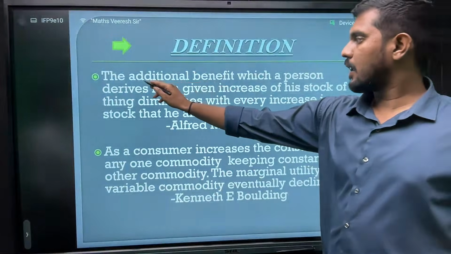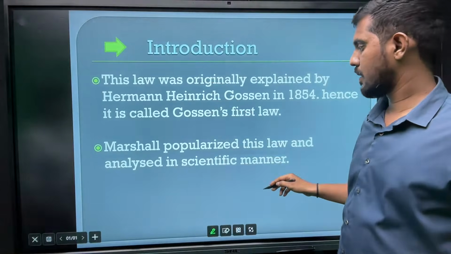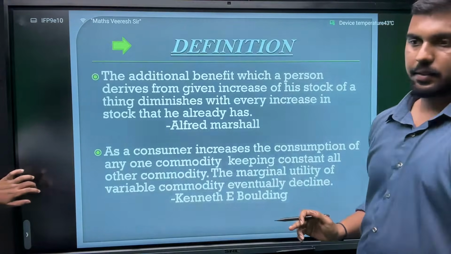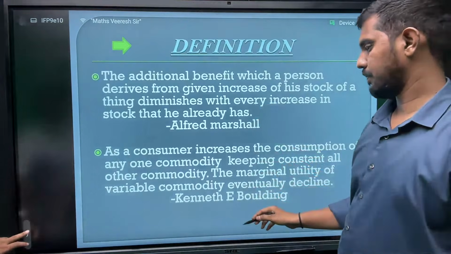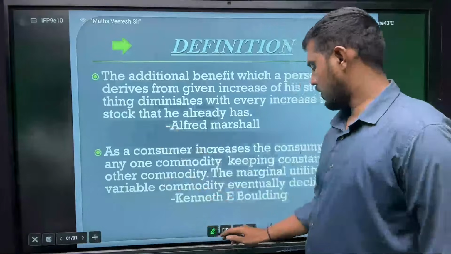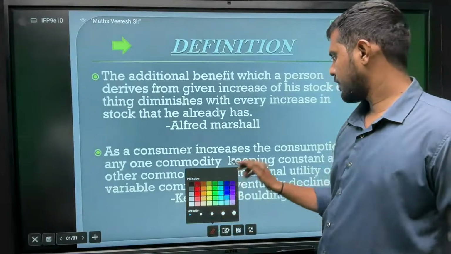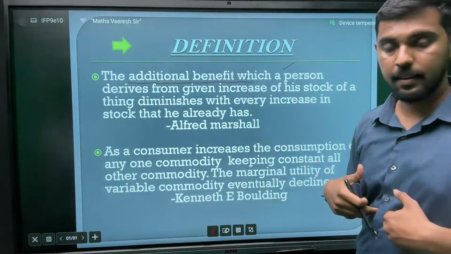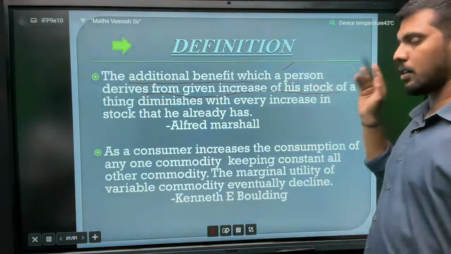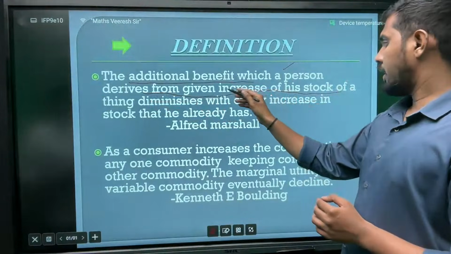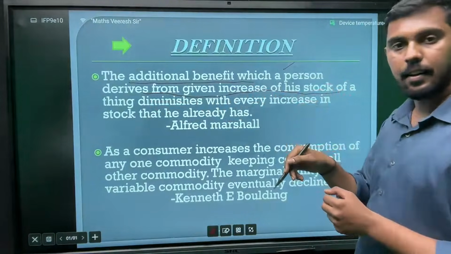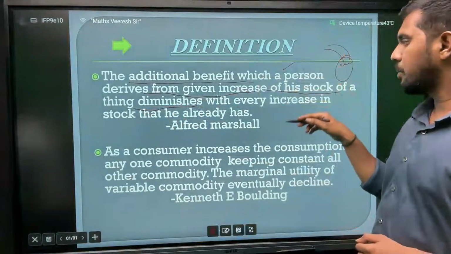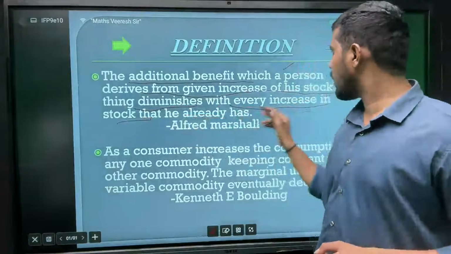The additional benefit which a person derives from a given increase of his stock of a thing diminishes with every increase in stock that he already has.